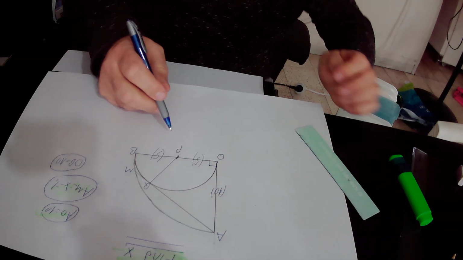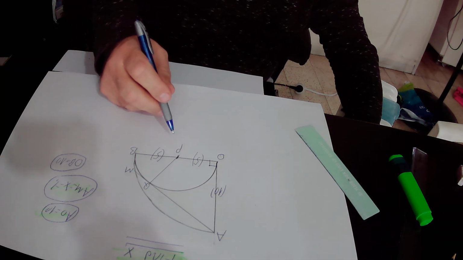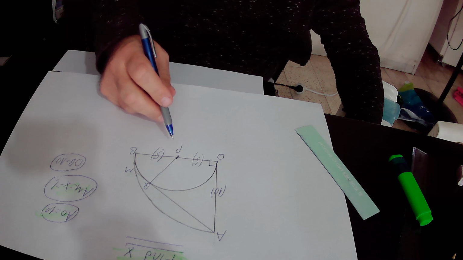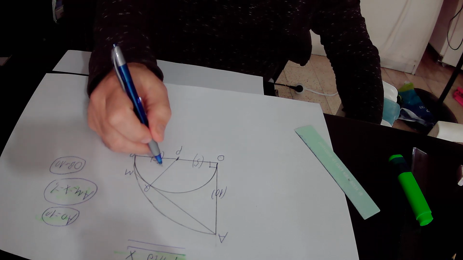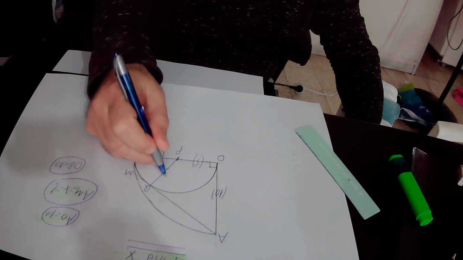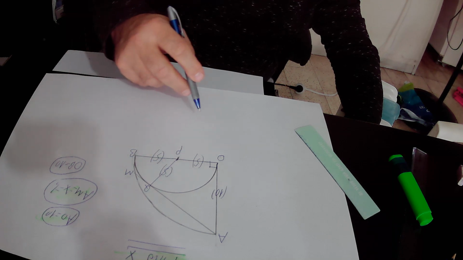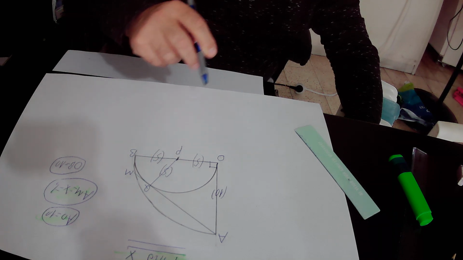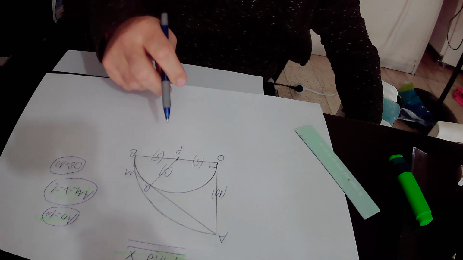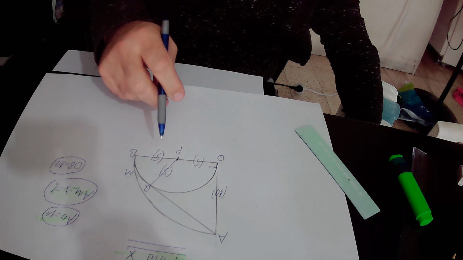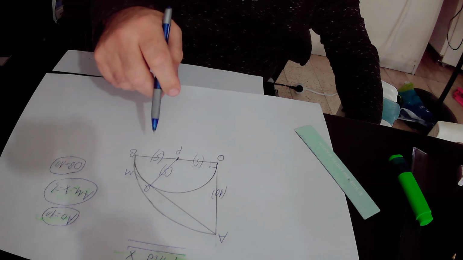Point P is the center of the semicircle, point Q is a point on the semicircle itself, therefore PQ is the radius of this semicircle, that is equal to 5 units. We have the radius PQ of the semicircle that is drawn to point Q, that is the point of tangency of tangent AM with this semicircle.